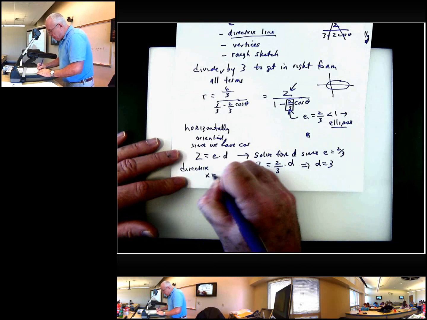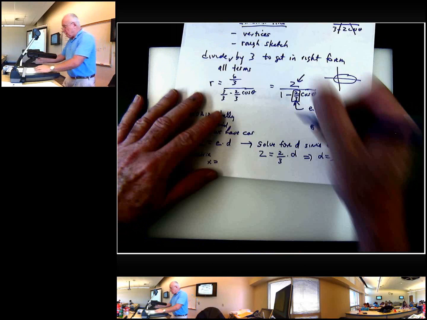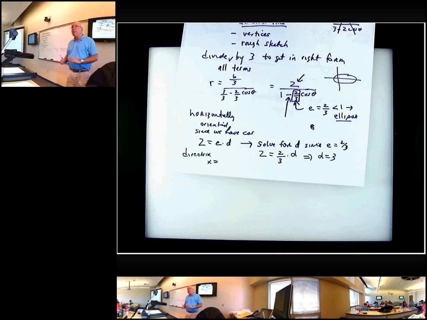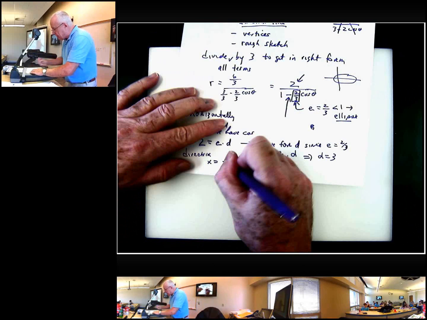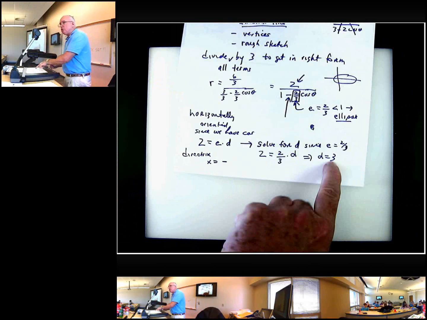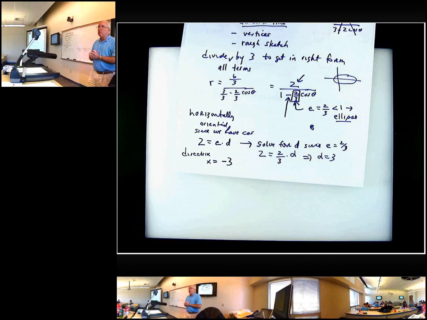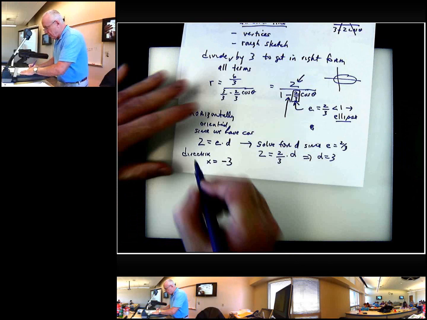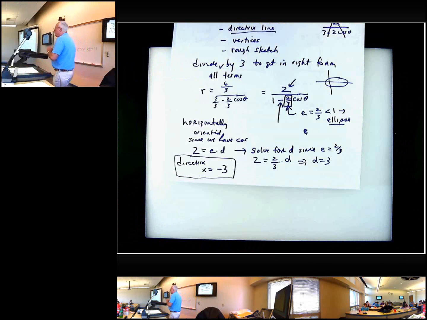We know it's going to be x equals something, but we have this minus here in the denominator, so it's going to be x equals minus the magnitude that we came up with, -3. So our directrix line is x equals -3. Question on that?